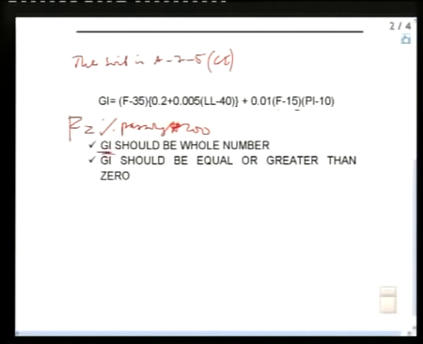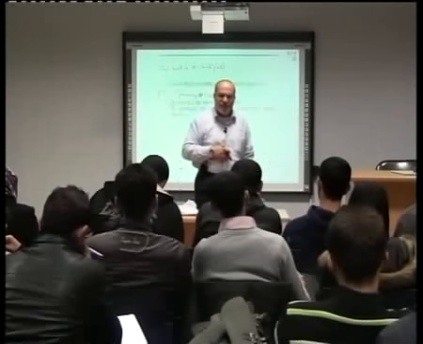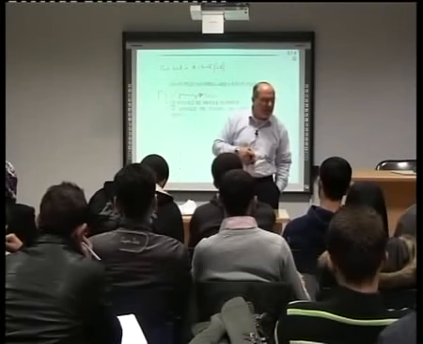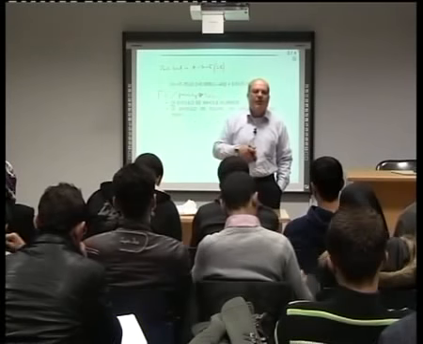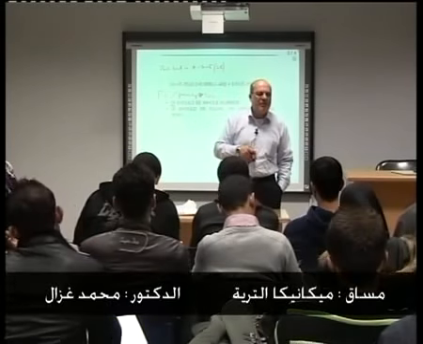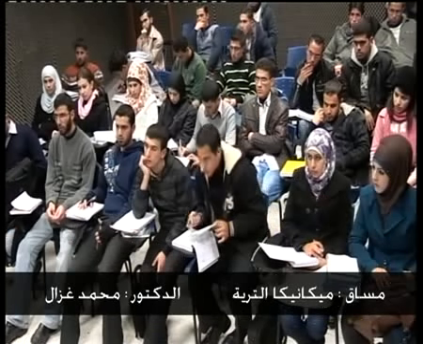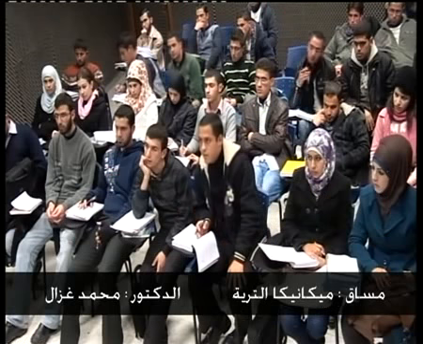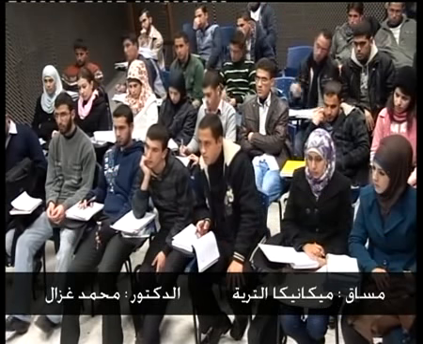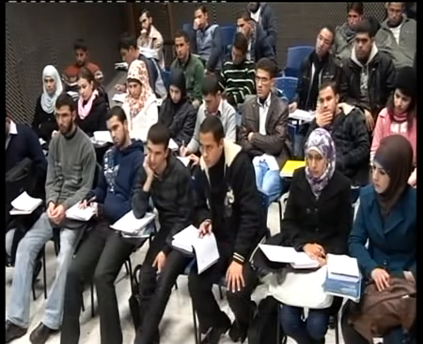Group index should always be a whole number at the end. So if I have 15.45, we will round it up or down. You know how to round it. 15.49, 15, whole number. 15.51, okay? You know this from school. We will round it to a whole number.